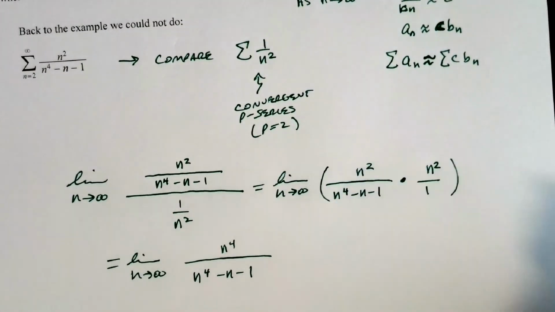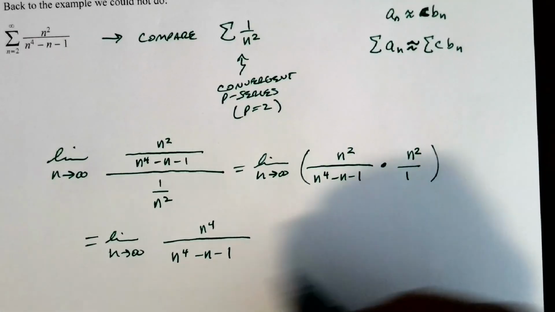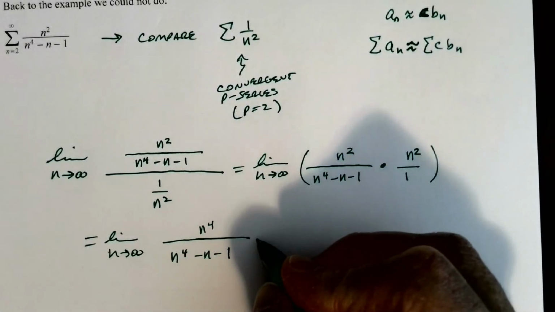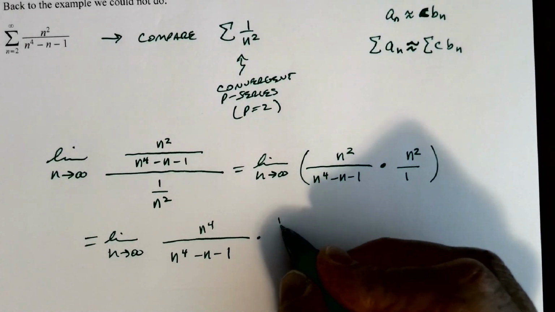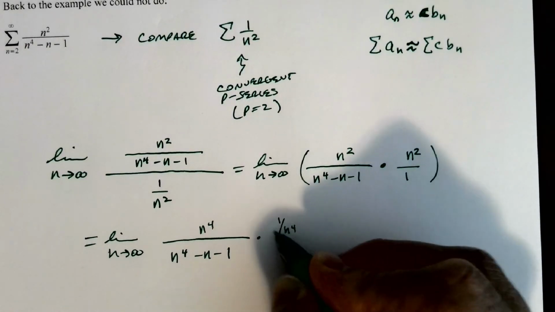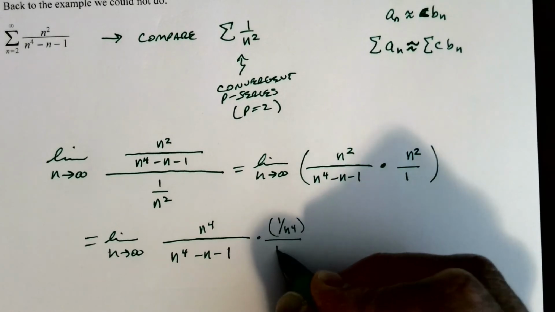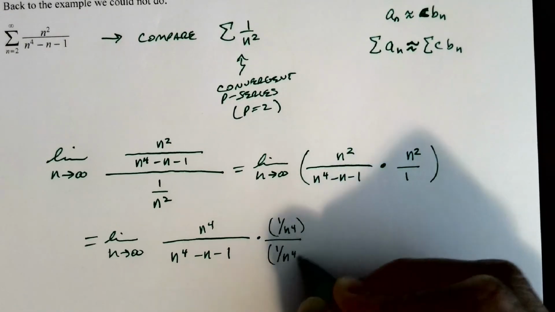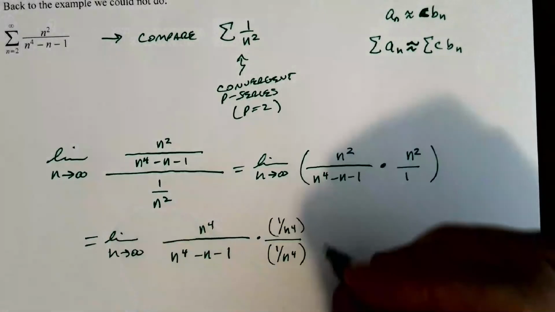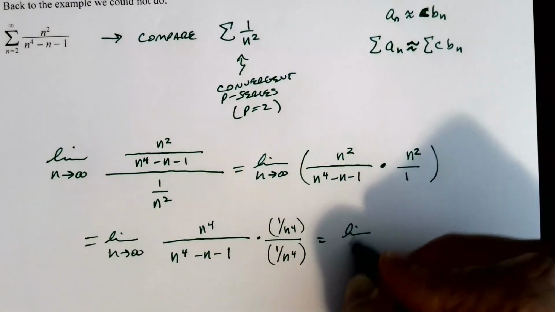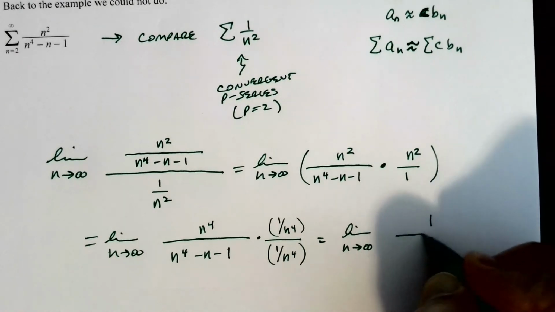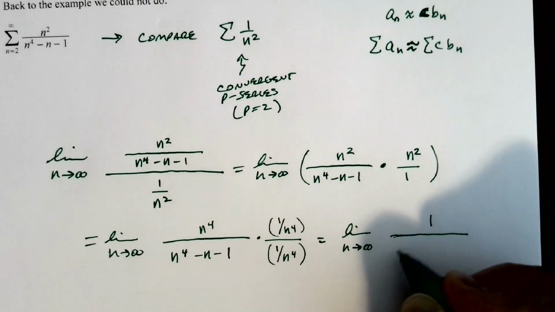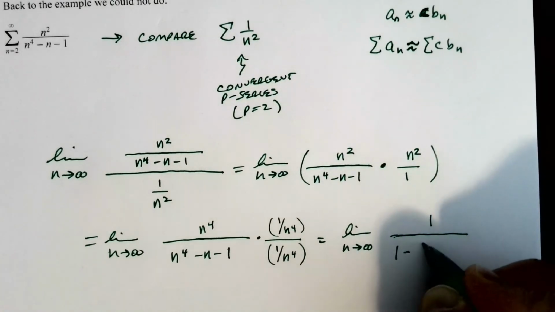And this looks familiar. We've looked at limits at infinity before. Notice I can multiply both the numerator and the denominator by the highest degree term in the denominator, in this case. I get 1 up top. Down below I get 1 minus what?